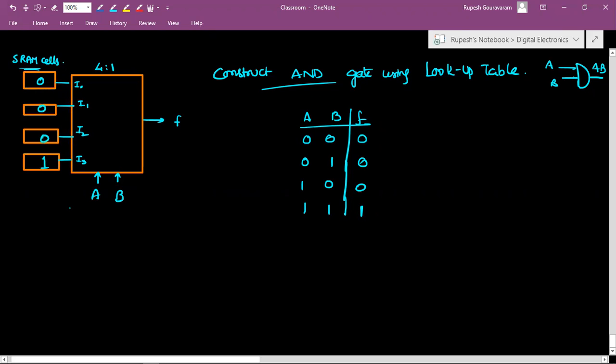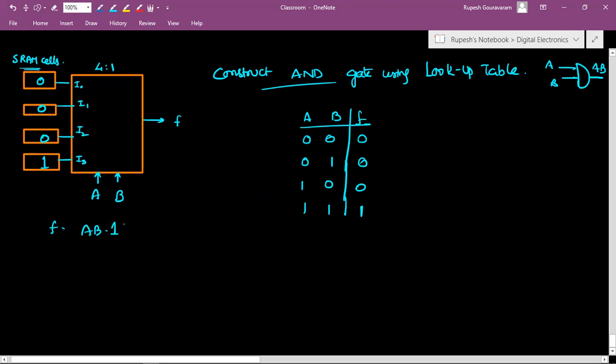Now when we store 0, 0, 0, 1, what happens? F can be written as 0 into A bar B bar plus A B bar into 0 plus A bar B into 0 plus AB into 1.